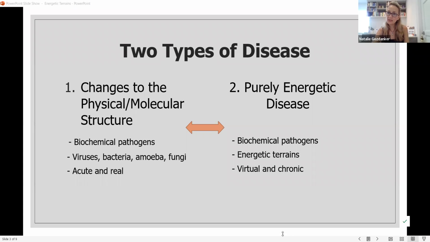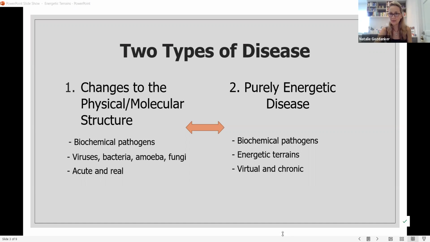But then there is another type of disease, which is purely energetic distortion to the body field. And he was the pioneer in finding that. Those energetic distortions can be caused by biochemical pathogens, the real pathogens, but they can also be caused by what is called energetic terrains.